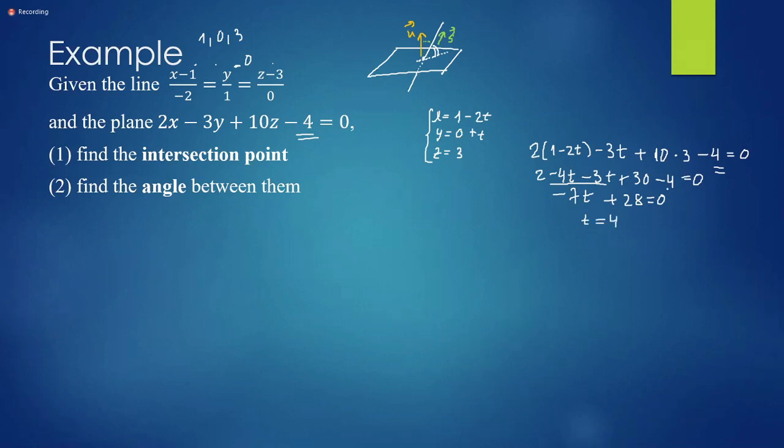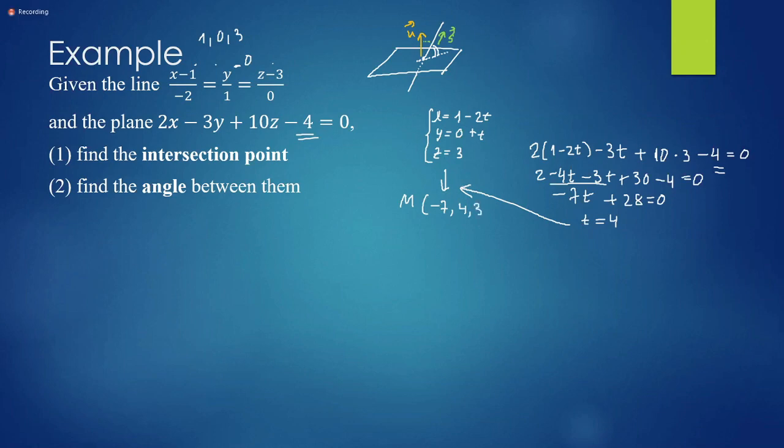And so the intersection point, from that line and from t is 4, the intersection point M is 1 minus 8, that is minus 7, 0 plus 4, that is 4, and 3 is standard. And that's it.